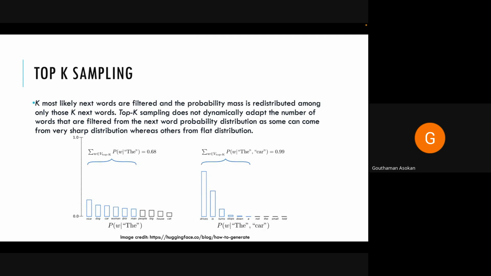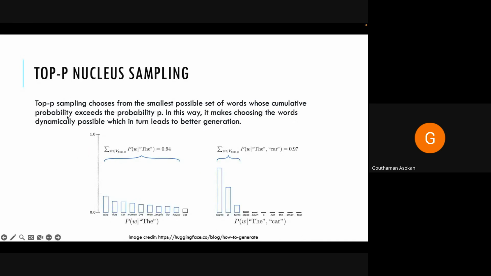In that way, we can make even more effective predictions. So the upgrade they made is top-P nucleus sampling. Here we take the top P, essentially a probability threshold, and within that threshold, whatever tokens come, we take.